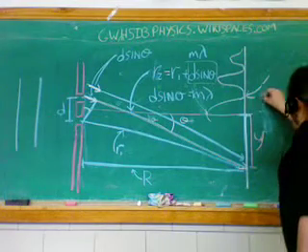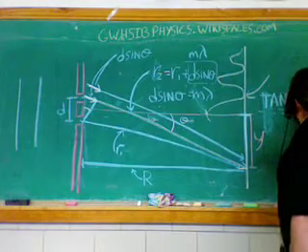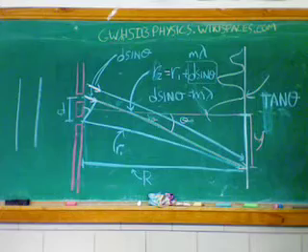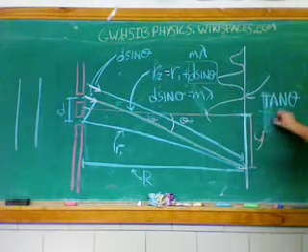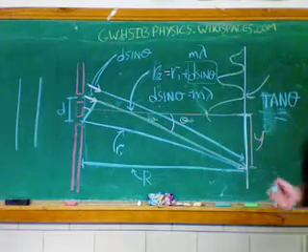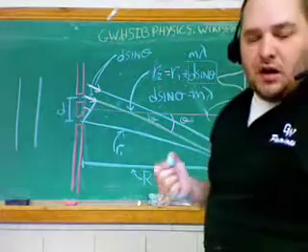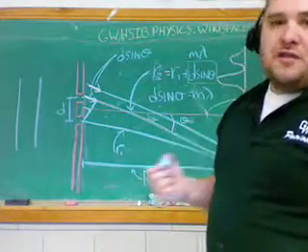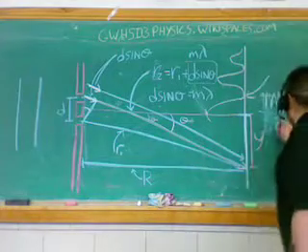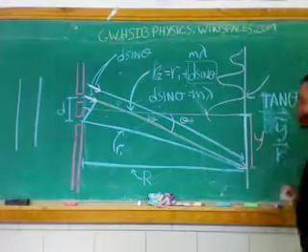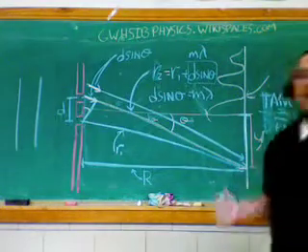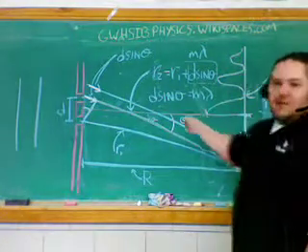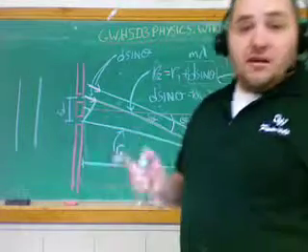So tan theta is equal to opposite over adjacent, which is y over r, not that r, that r. And now that theta is not exactly the same as that theta, but it's close enough.